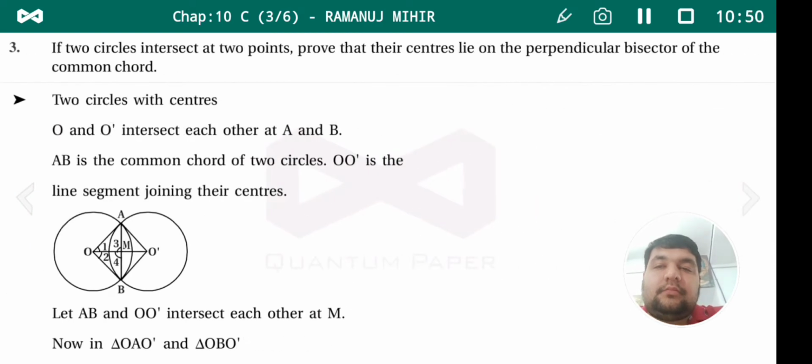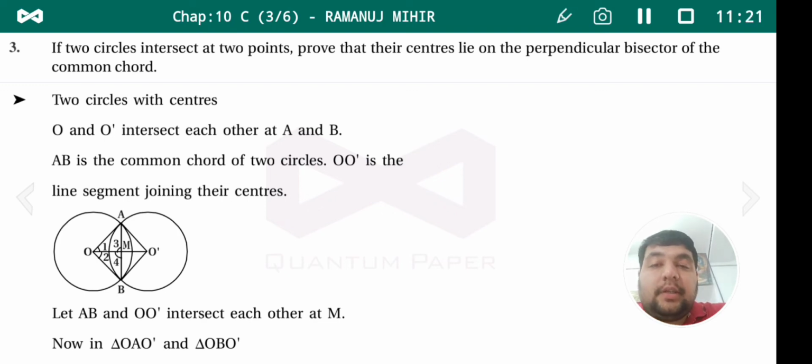Now, question number 3 from exercise 10.3: if two circles intersect at 2 points, prove that the centers lie on the perpendicular bisector of the common chord. So now understand this question carefully.